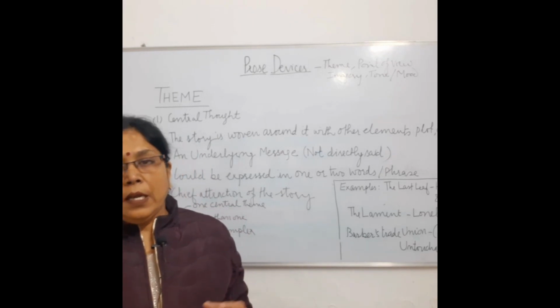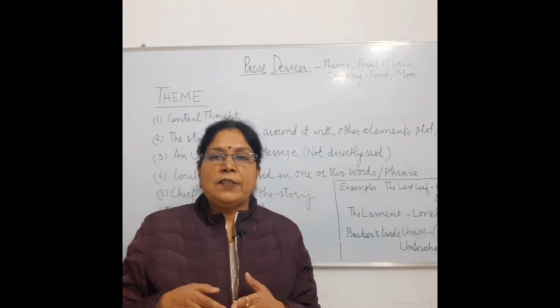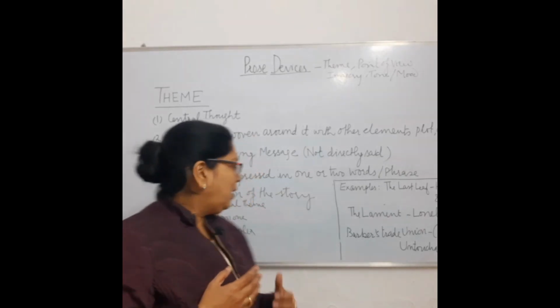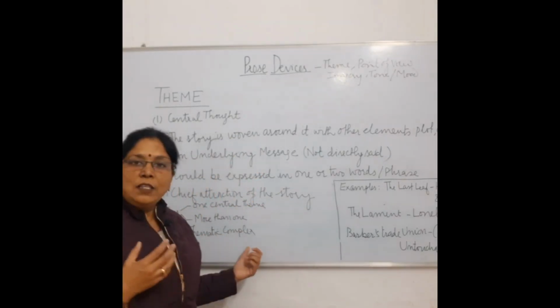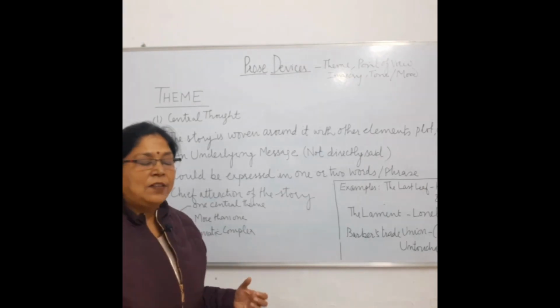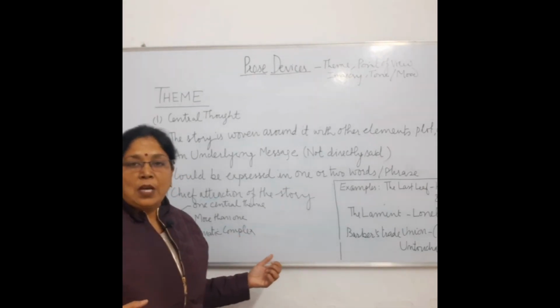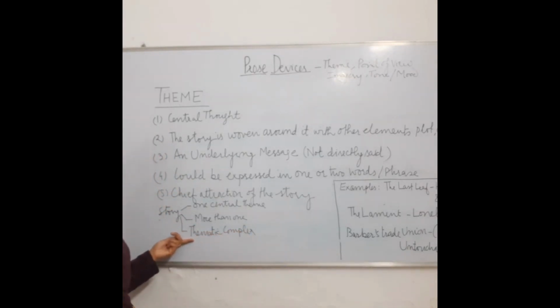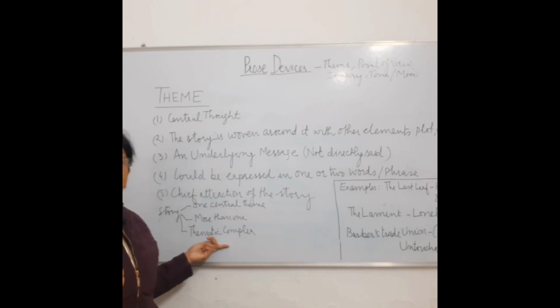It means a number of issues are raised in that novel, and in that case we may say that this novel or this long story, which has a complex plot, a number of characters and a number of issues raised, has a thematic complex.